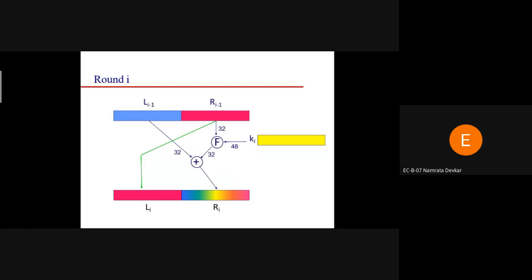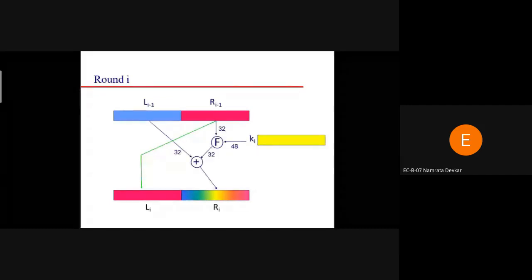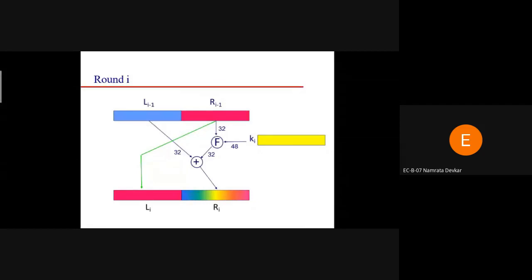Have you understood the previous example of the Feistel cipher? If you understood that example, how we can encrypt, then this first round will be easy to understand. If we understood the process of the first round, the same process we have to repeat for the next rounds up to the 16th.